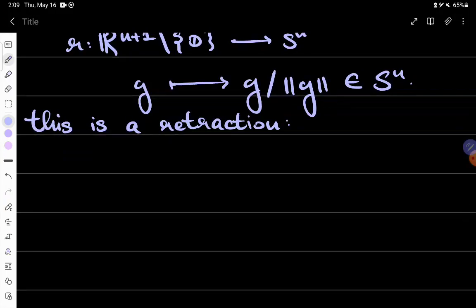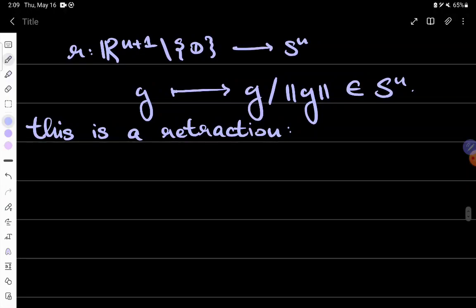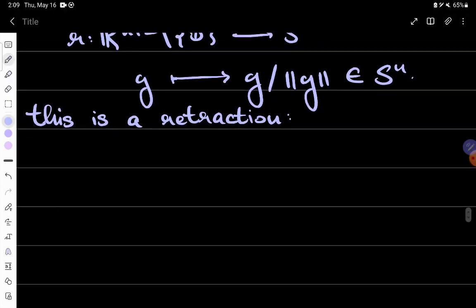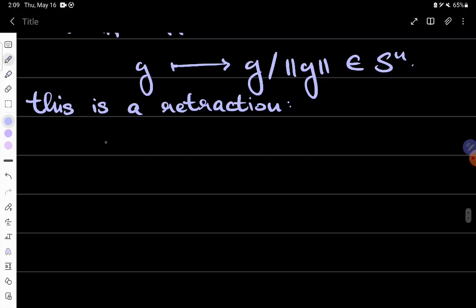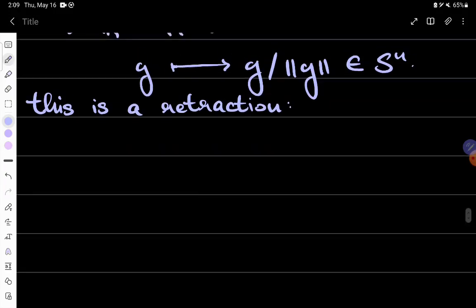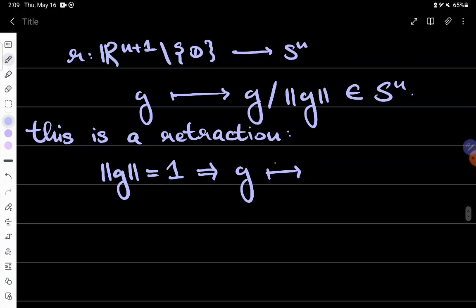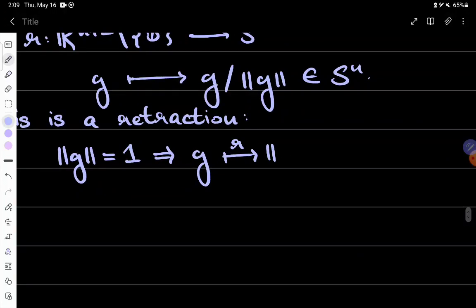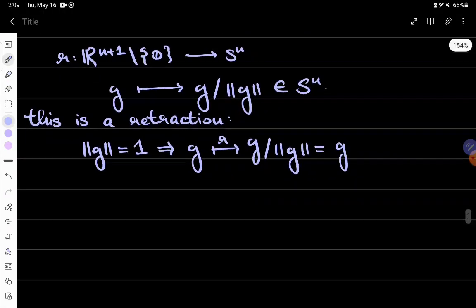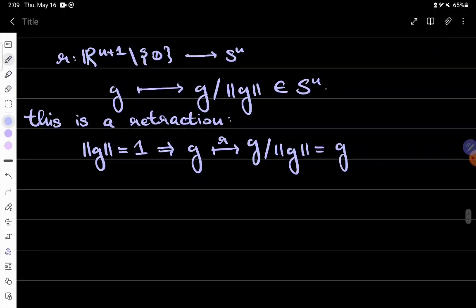That is, this subspace Sn gets fixed under this map that normalizes each vector. This is true because if the norm of y is equal to 1, then y gets mapped via the retraction to y over its norm, which is just y because this denominator is 1. So it gets fixed under R.